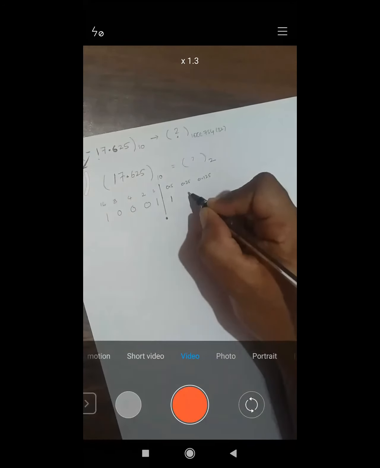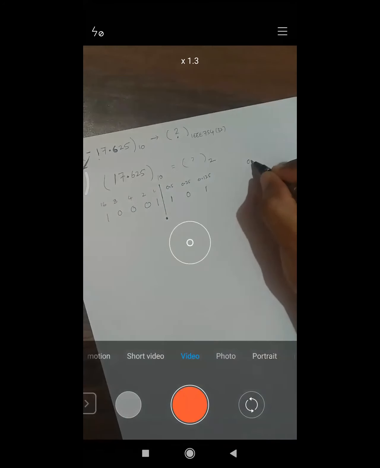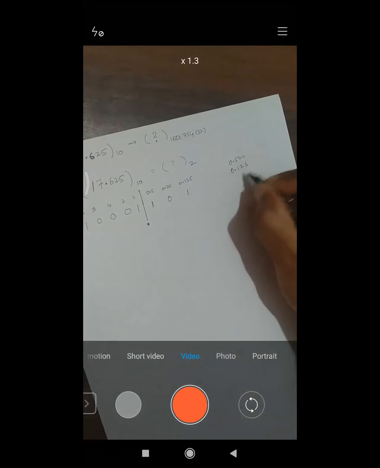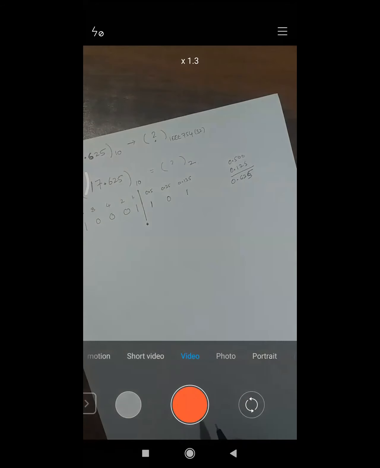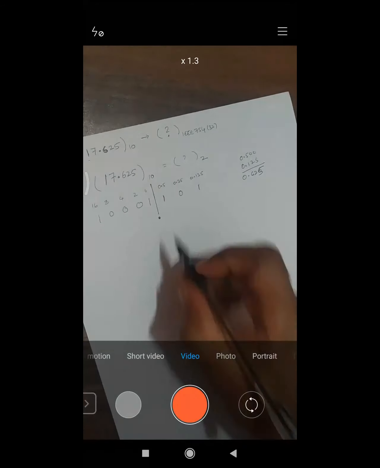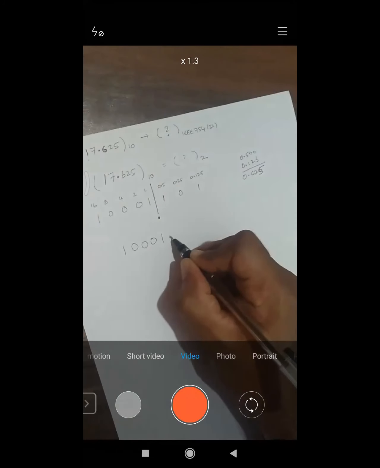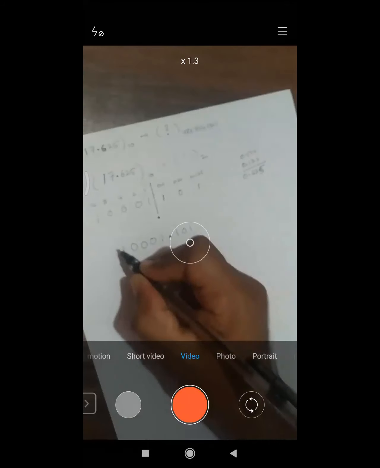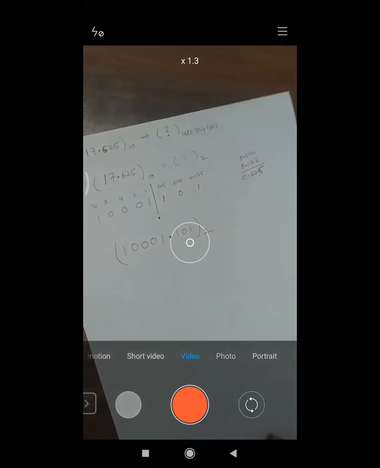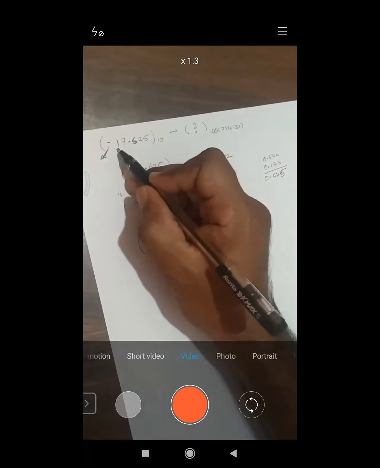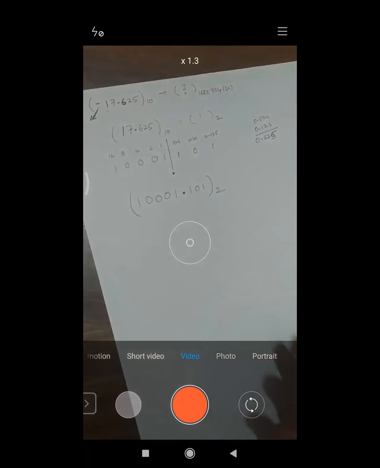If you add 0.5 with 0.125, you will get 0.625. So finally we got 10001.101 to the base 2. So this is our step number 1: the given decimal number needs to be converted into binary. Ignore sign initially.